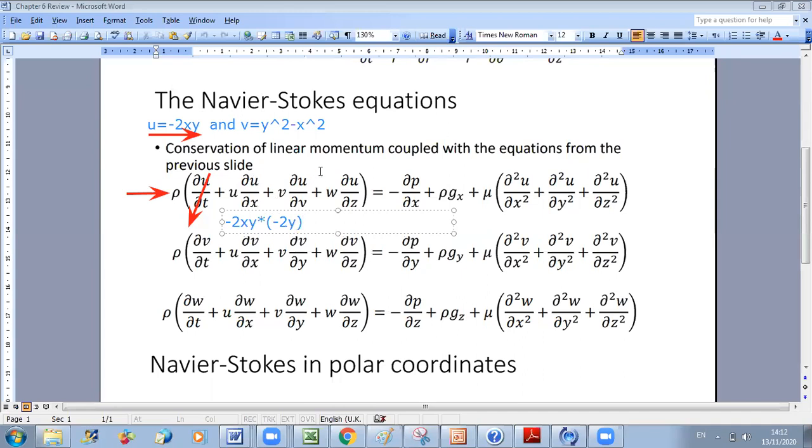Now for v, if I replace v by its value, I have plus y squared minus x squared times del u by del y. What is del u by del y? It's minus 2x. So it's times minus 2x. Now, I don't have w in this problem, so this term will cancel out.